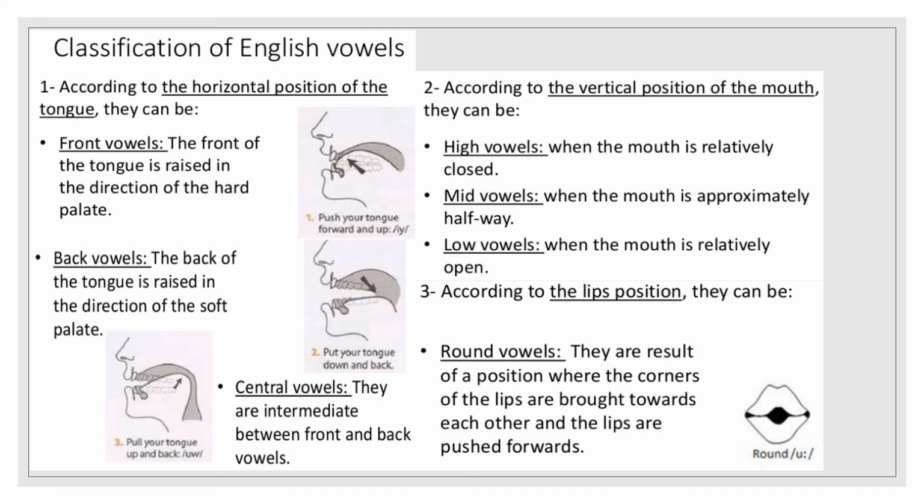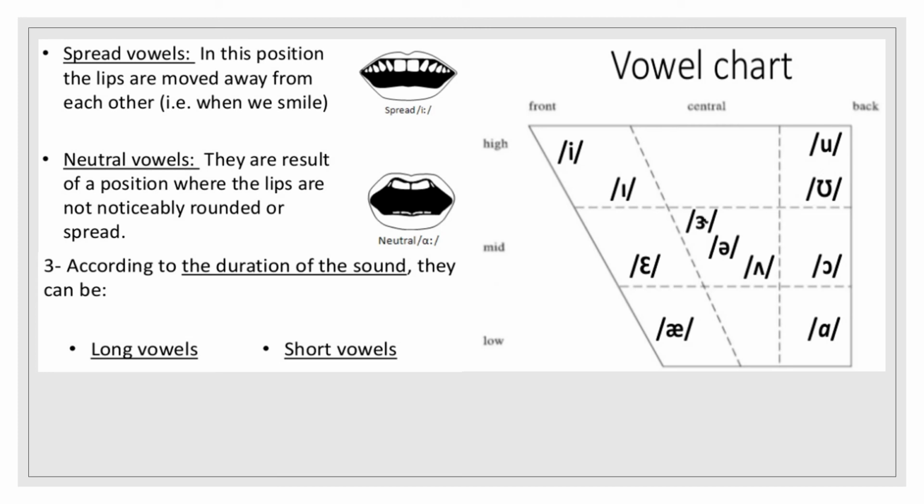According to the lip position, they can be round vowels. They are the result of a position where the corners of the lips are brought towards each other and the lips are pushed forwards. And then spread vowels.